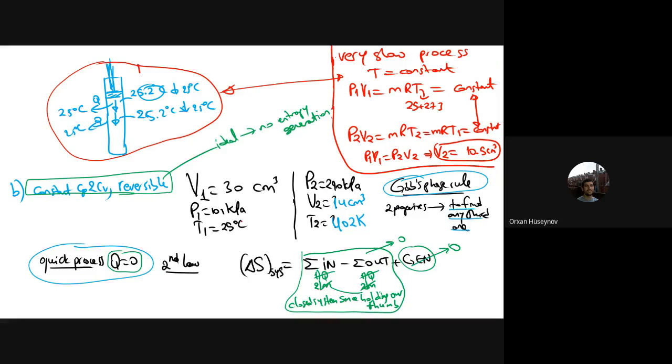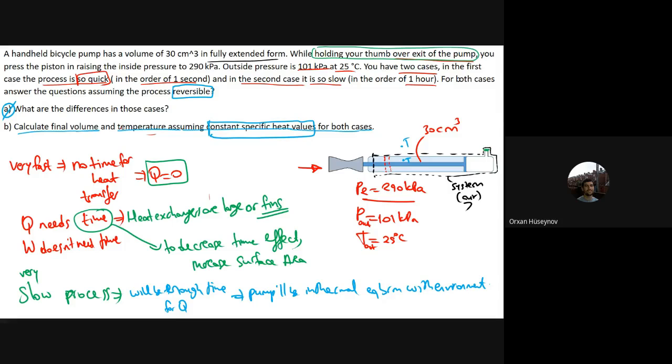So what we have done for the example is calculate the final volume and temperature, assuming constant specific heat value for both cases. One is that it is very quick, and the second case is that it is very slow. For these two options, we have found the final volume and the final temperature.